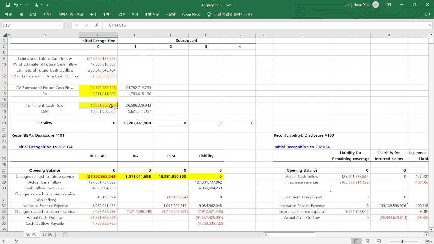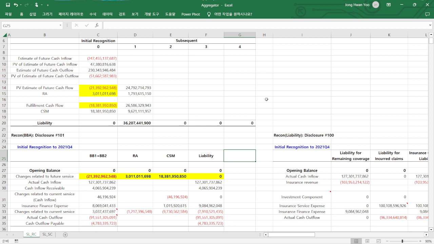And at the initial recognition, that turns into positive numbers, and that is the initial recognition time CSM. And that is the onerous test. And I made a conclusion that this set of contracts, which is like 60 or 70 different contracts, or maybe more than that, you can make an assumption there.